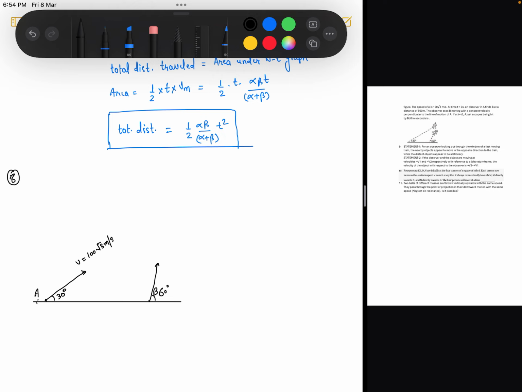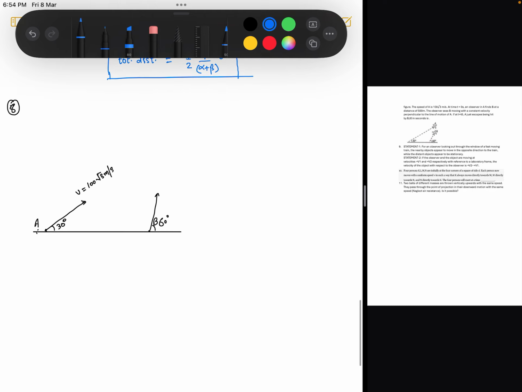The observer sees B moving with a constant velocity perpendicular to the line of motion of A, and at t is equal to t naught, A just escapes being hit by B. So what is the value of this t naught in seconds?